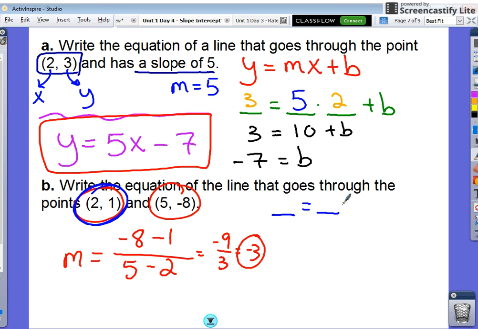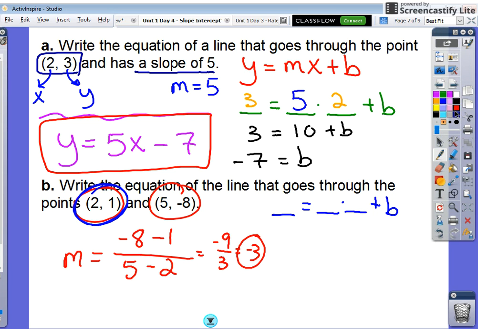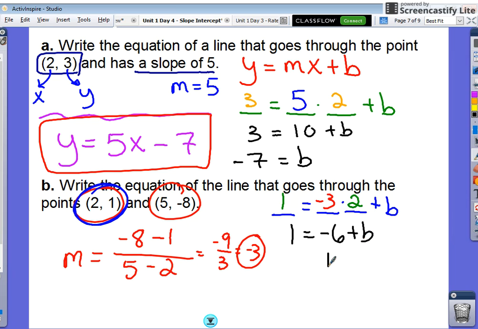So blank equals blank times blank plus b. Let's plug in. We know our slope is -3, and the point we're plugging in is (2, 1). So 1 = -3 times 2 + b. So 1 = -6 + b, which means b = 7.